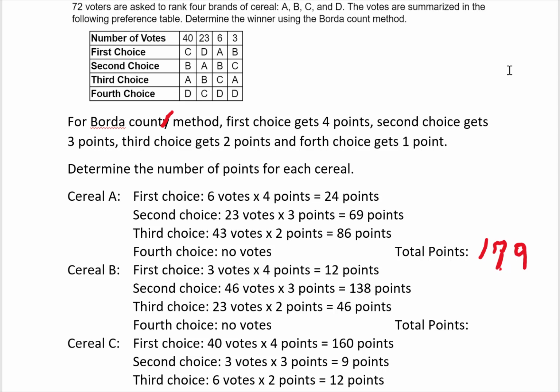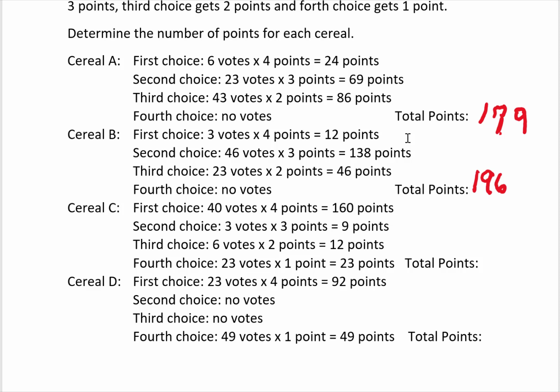And the total points, which I did ahead of time, is 196 when you add those 3 numbers up. Likewise for cereal C, I got a total of 204 points. And for cereal D, I have a total of 141 points using the same process going row by row. And so the cereal that wins is cereal C by the Borda count, as it has the most points.